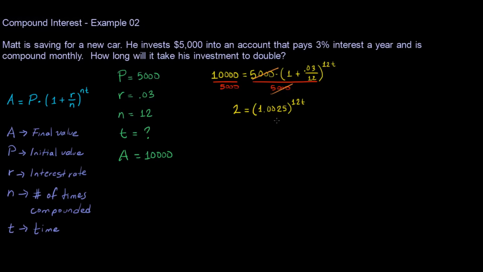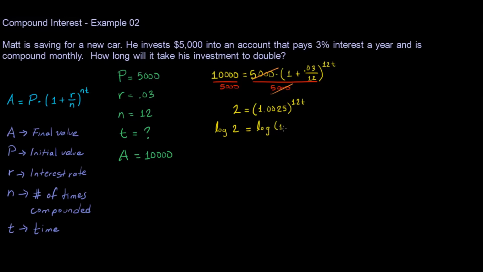From here, I'm going to solve using logarithms to handle this t, which is an exponent. Now, I could actually use any logarithm, but I'm going to use the log base 10, which I believe everybody has on their calculator. So I'm going to apply the log base 10 of 2 on the left side, and now I'm going to apply the log base 10 on the right side as well.